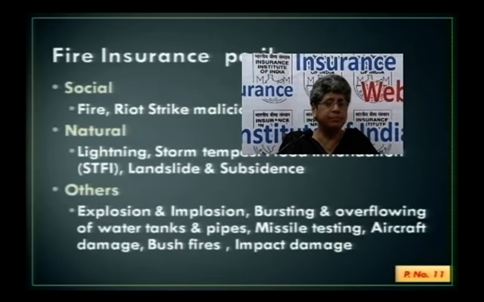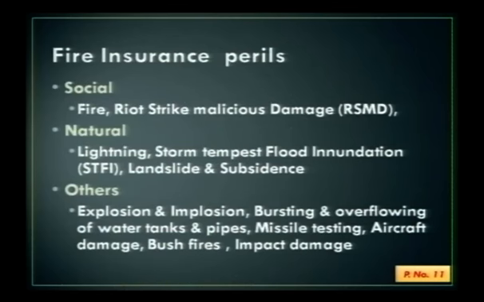Now what do we cover? When we look at the fire policy, what do we see? It is a specified perils policy, which means we are not covering everything, but we are covering direct losses caused by certain perils. The social perils, like fire, the most important. Riot and strike.